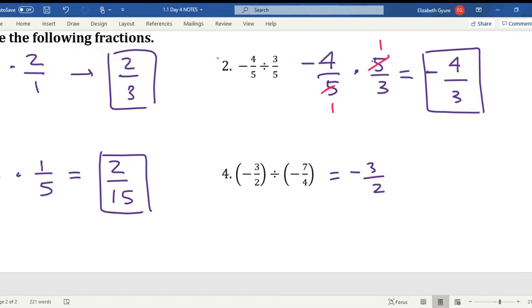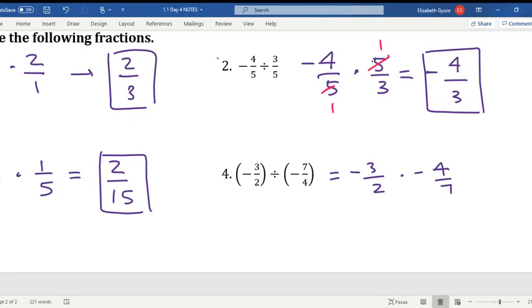Change the division into multiplication. And then last step, Corey, what do I do with that last fraction? We kept the first fraction. Yeah, we do what? We flip. We're going to flip it, and we're going to make it -4/7. Does it really matter where that negative is? No, just like put it in the front somewhere.